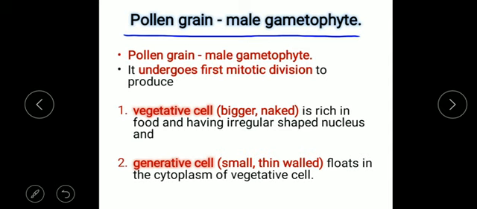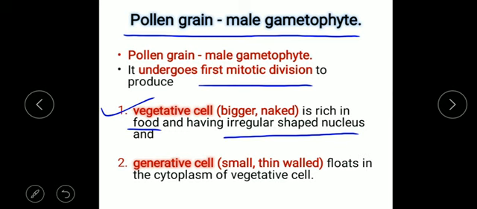In the first mitotic division, it gives rise to a large and a small cell. The large cell is the vegetative cell, which has a rich food content and an irregularly shaped nucleus. The next cell is small in size and is called the generative cell.